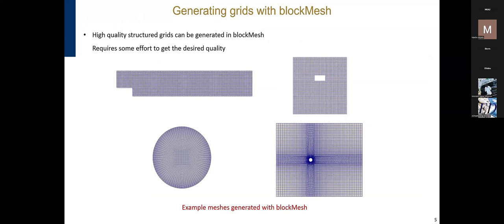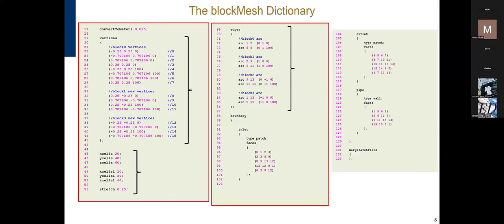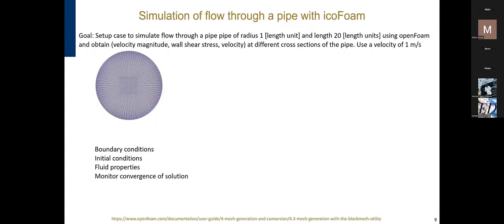One of the issues you encountered was that when you use Parafoam after you've generated your mesh, you couldn't open it with Parafoam. One of the reasons for that is that the names do not correspond.